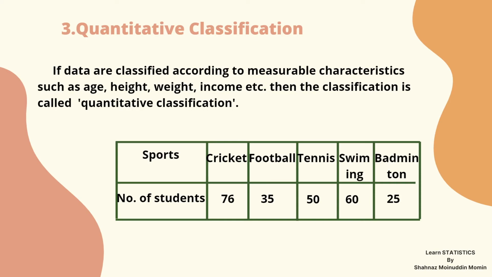For example, the number of students interested in cricket is 76 and the number of students interested in football is 35. Likewise, 25 students are interested in playing badminton. All these students are divided according to the game. Hence, the classification is quantitative classification.